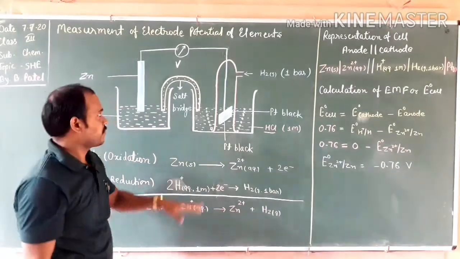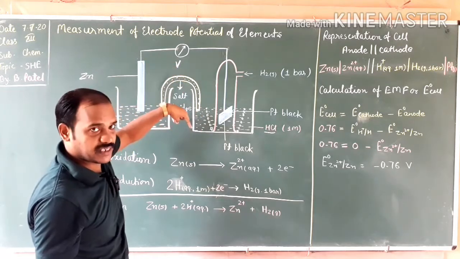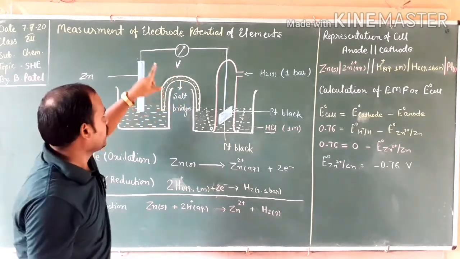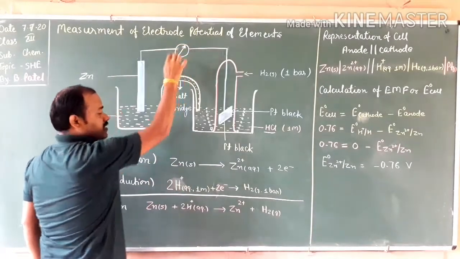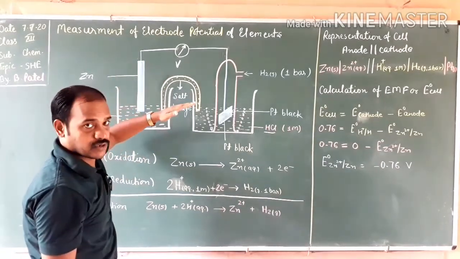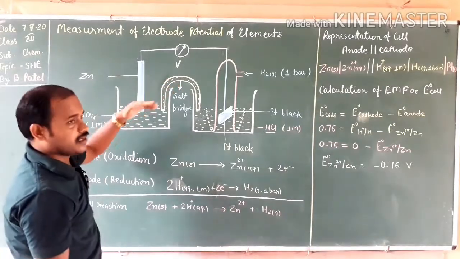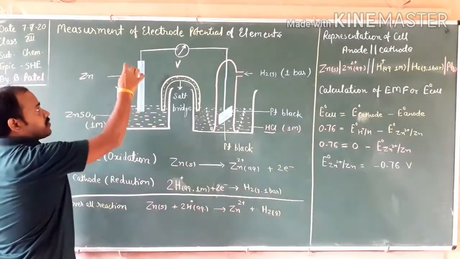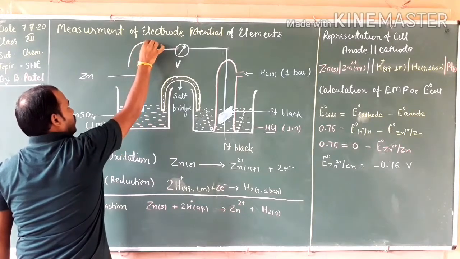Very simple. As you connect these two half cells via the salt bridge, immediately you will see the deflection of this needle. This needle is deflected in this direction. So this indicates that electrons are releasing from zinc, means the electrons are evolving from zinc.